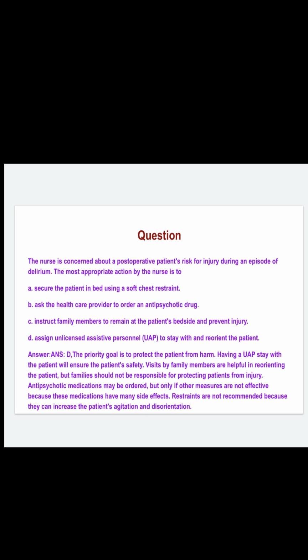So that's why we have to be careful that until the patient's symptoms go away, one-to-one, that means one person needs to stay with the patient and reorient the patient for the patient's safety.